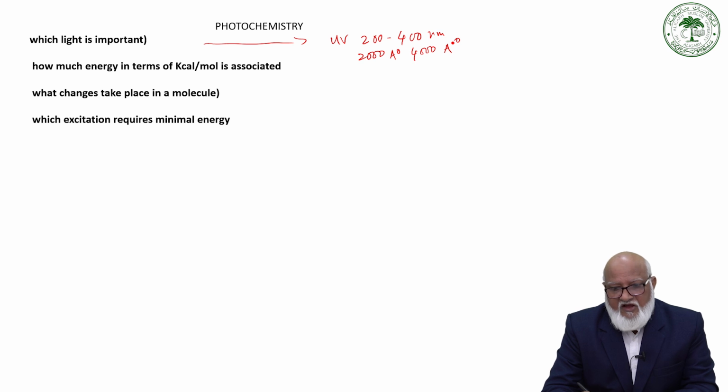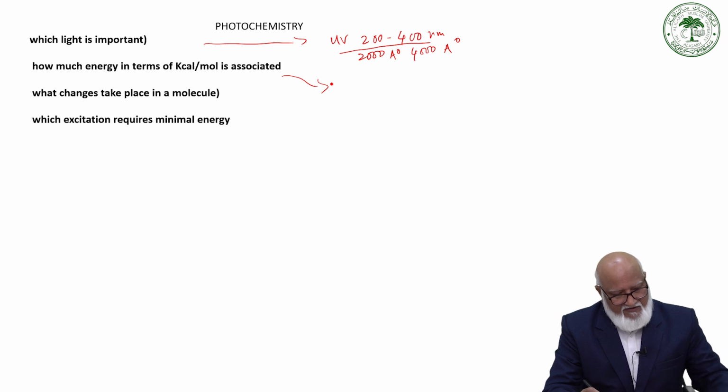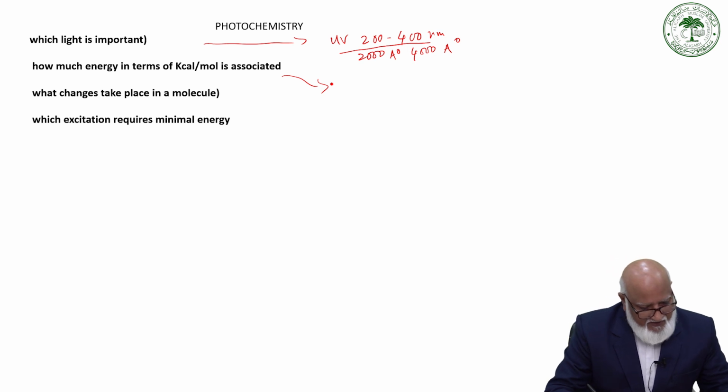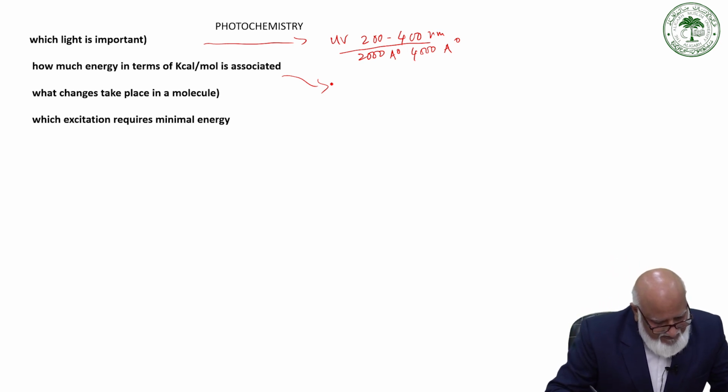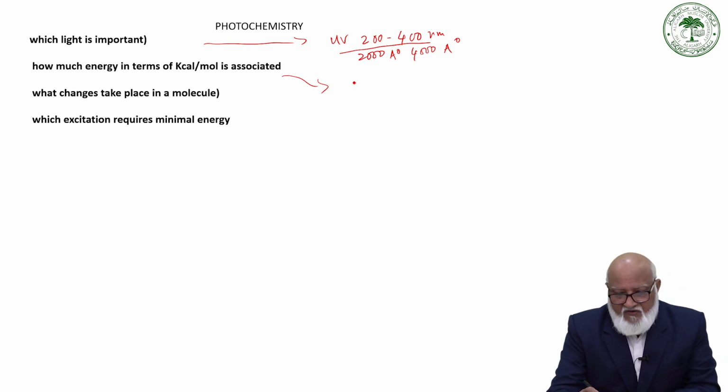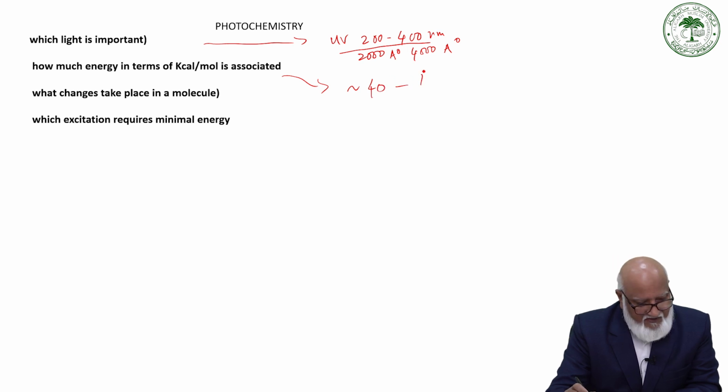The next question is, how much energy are we giving to a molecule when we shine 200 to 400 nanometer light? In terms of energy associated with the molecule, the range is around 70 to 143 kilocalorie per mole.